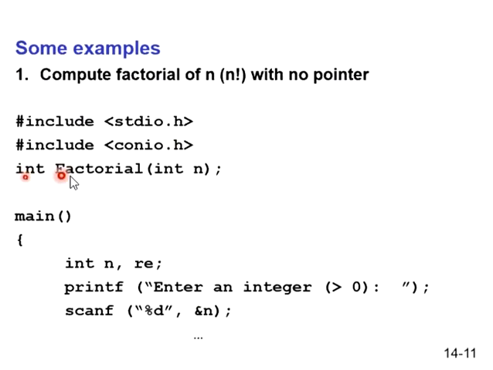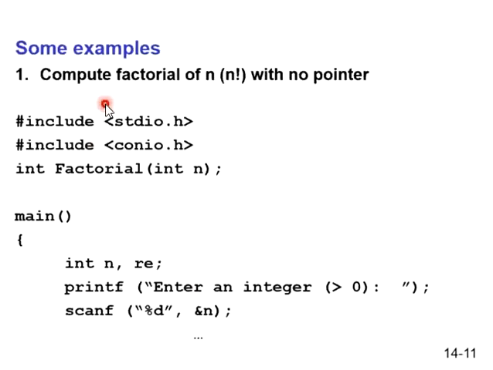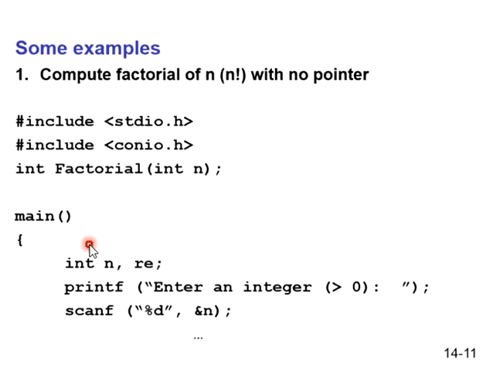And you need to write include for the standard input header and console input header, because in main we use the functions printf, scanf, and their prototypes are in the standard input header file. We use the function getchar, and its prototype is in the console input header file over here.